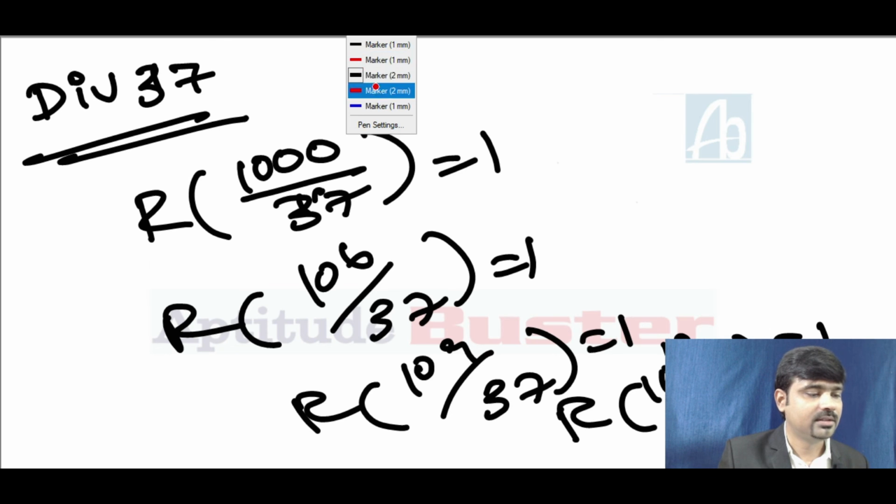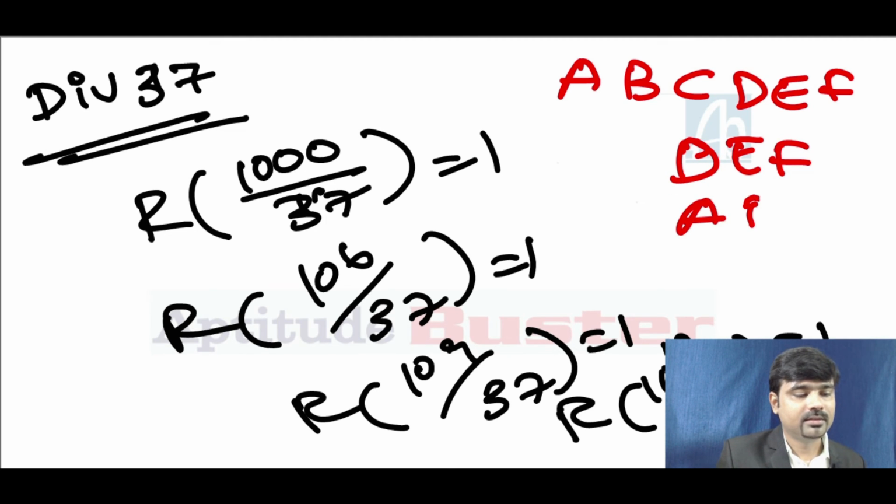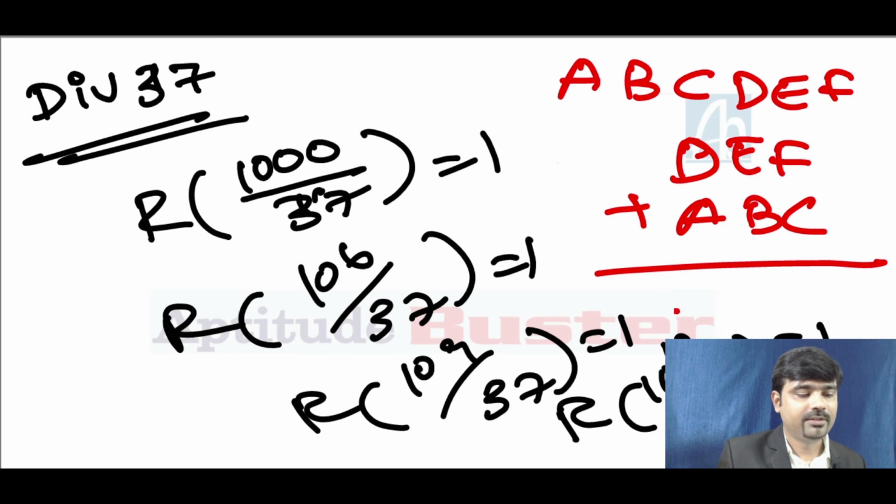If I give a 6-digit number A, B, C, D, E, F, just take these 3 digits together, D, E, F and A, B, C. Just add these two. If the sum is divisible by 37, it means the total 6 digits should be divisible by 37 also.